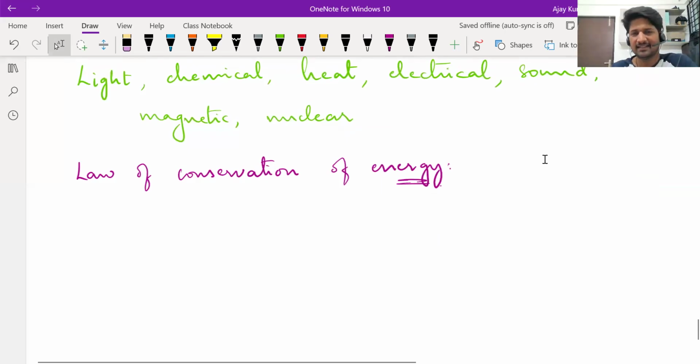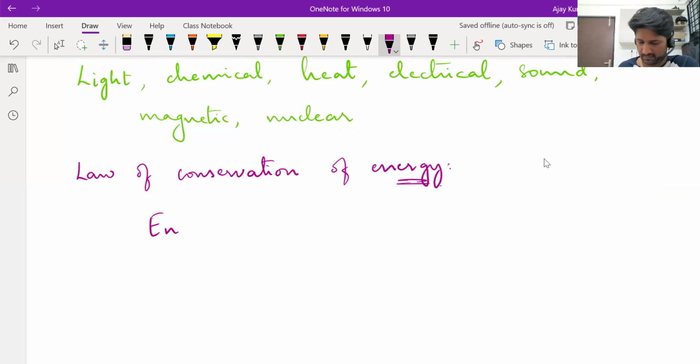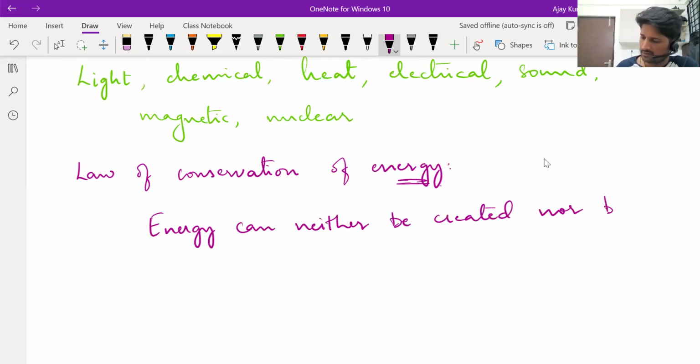See, energy can neither be created nor be destroyed. Have you all heard this before or not? Energy can neither be created nor be destroyed. Means you cannot change the total energy that is there in this universe.